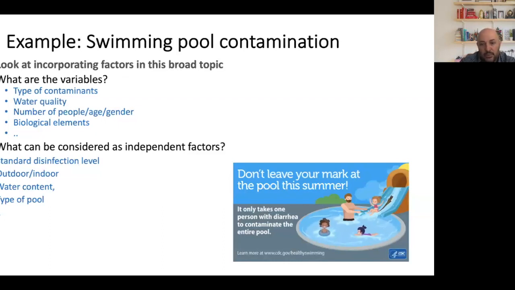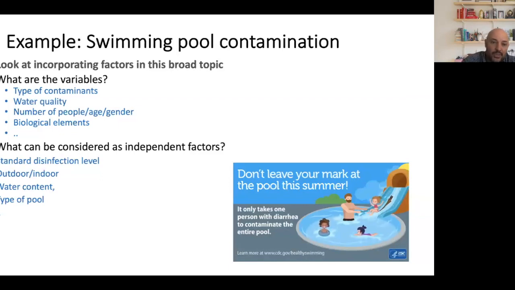We have a variety of contaminants, from the human body to sunscreen to other cosmetics, airborne contaminants, bacteria. A lot of contaminants, which also affect water quality, so water quality must be measured in a regular swimming pool. Number of people, age, and gender can also be variable factors that you can analyze. Biological elements that enter the water from human bodies or from bacteria would be another variable.